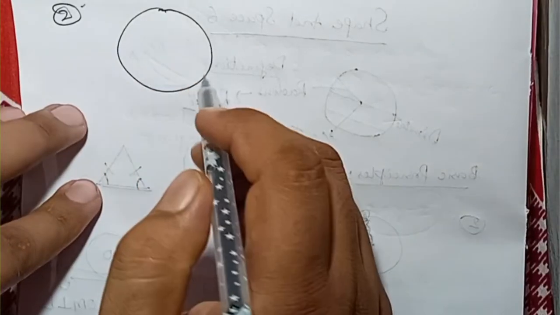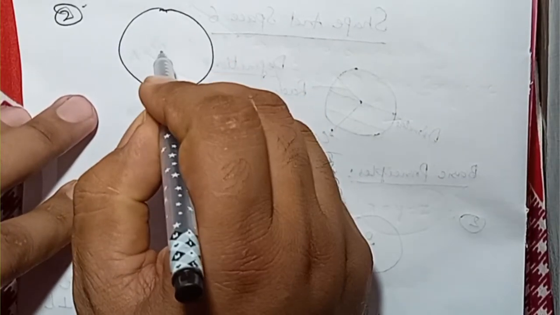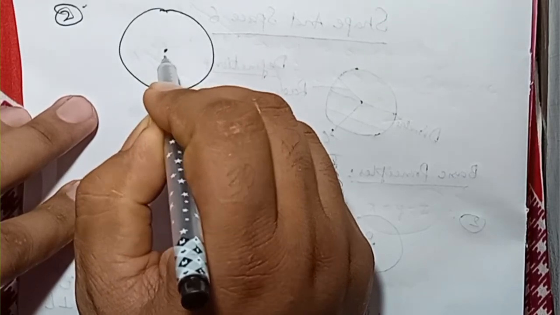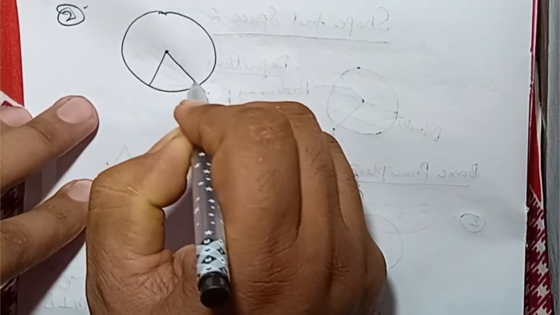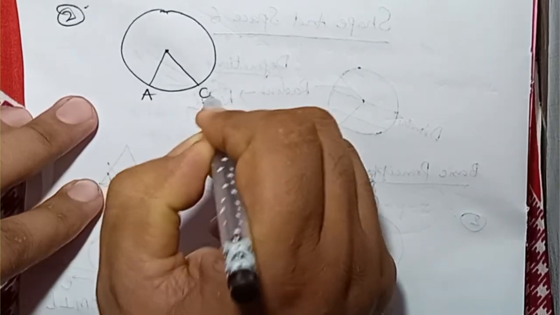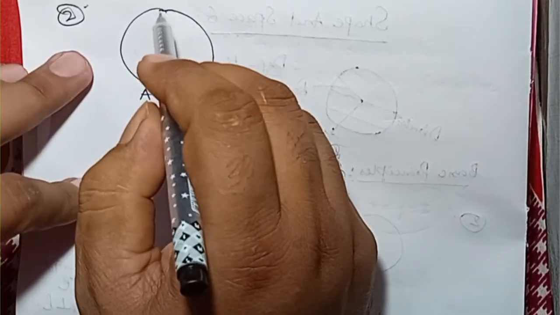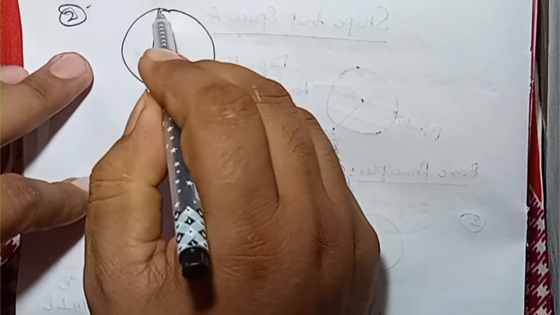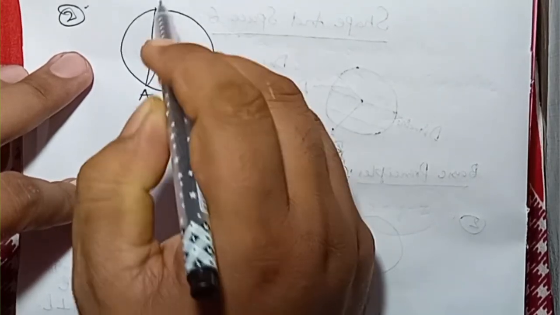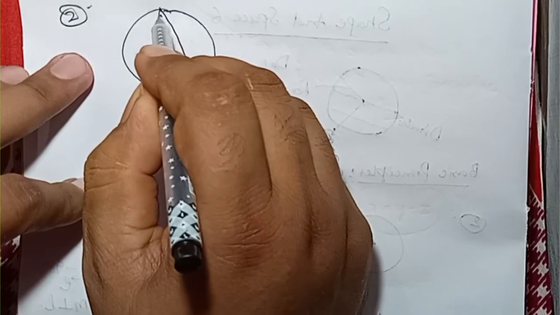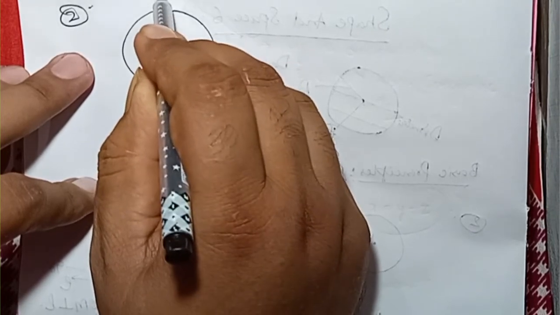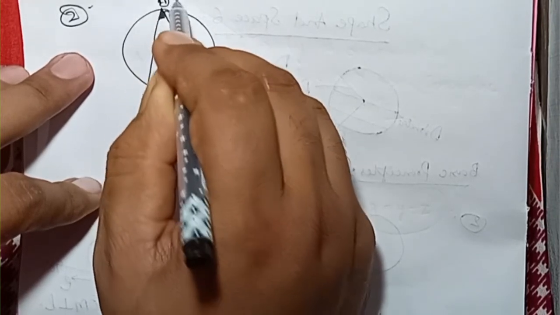You can see question number 2. Here is the center and here is angle AC. This angle is subtended by the arc AOC, and one more angle is subtended by the same arc, and it is B here.